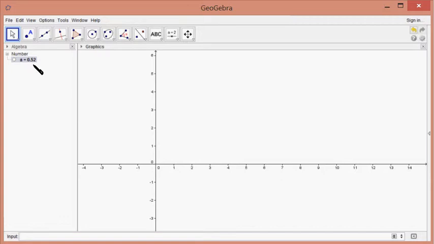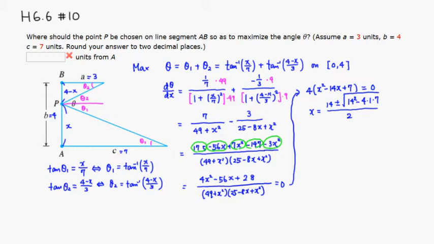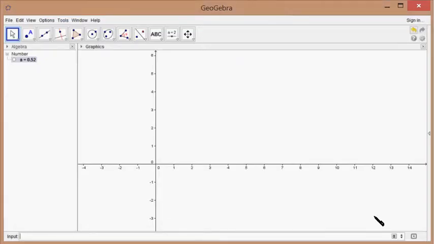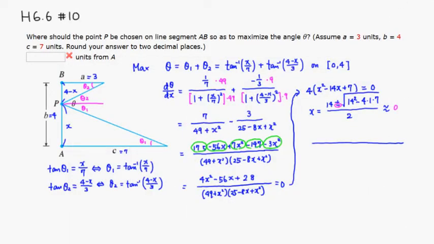So it came out to be 0.52. The critical number is the one with the negative sign, 0.52.